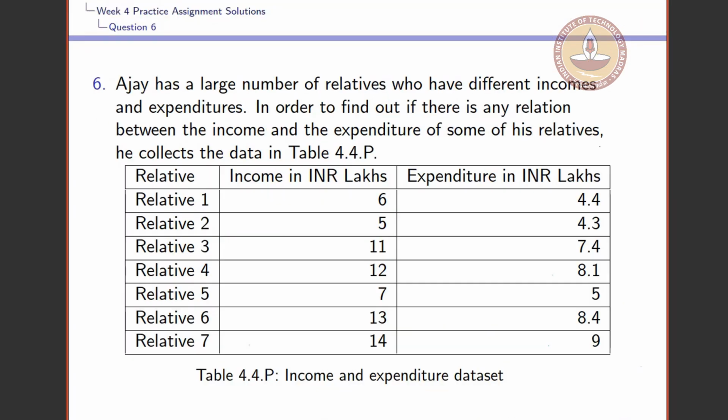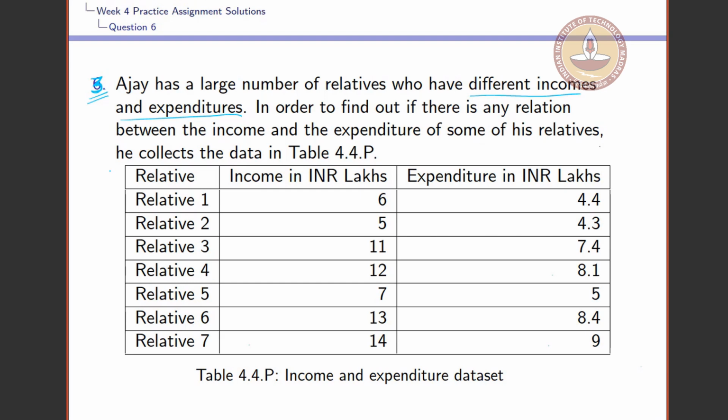Moving to our next question, question number 3 from MCQ. The question says, a child has a large number of relatives who have different incomes and expenditures. In order to find out if there is any relation between the income and expenditure of some of his relatives, he collects the data in the table.